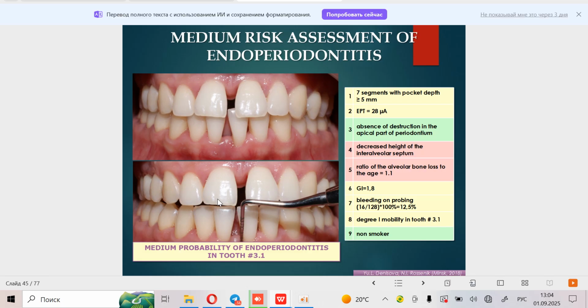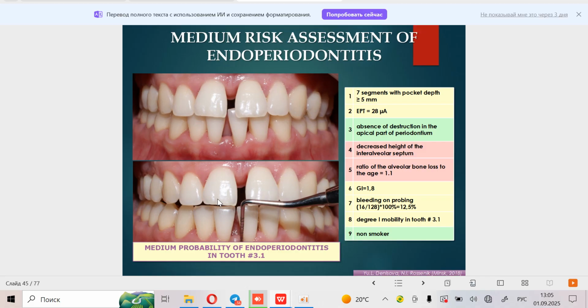In this case, 2 parameters are in the category of higher risk assessment: decreased height of the intra-alveolar septum and ratio of the alveolar bone loss to the age 1.1. This is the medium risk assessment.